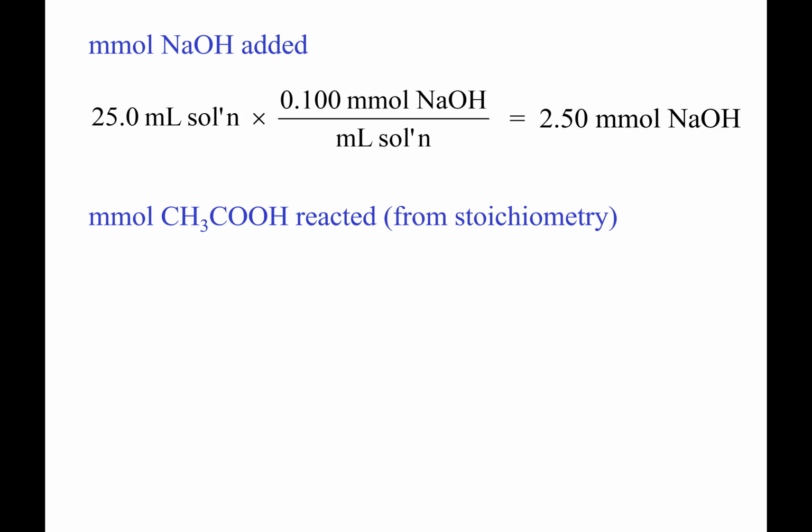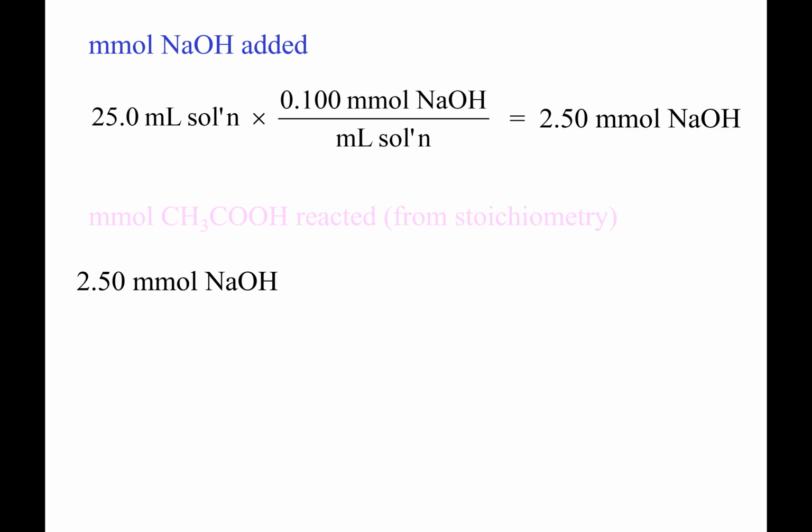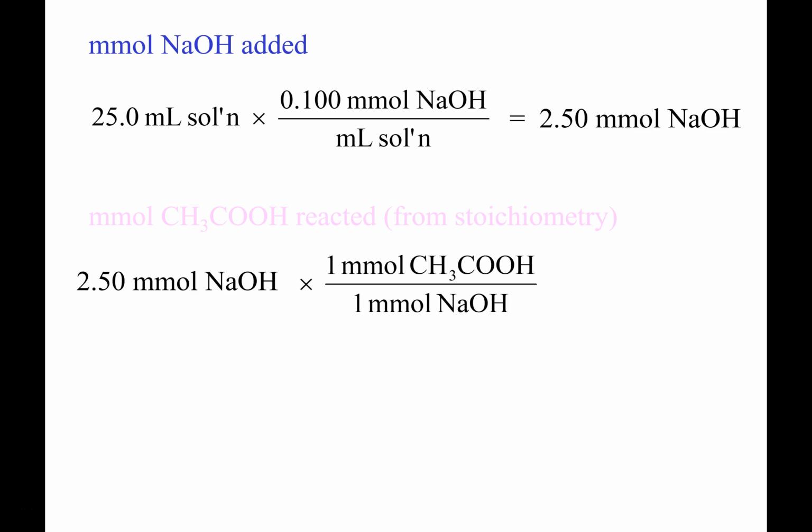We can double check that the millimoles of CH3COOH remaining, if it's at the equivalence point, should be that all of it reacted. Let's see. The 2.50 millimoles of NaOH has a stoichiometry of 1 to 1, 1 millimole of CH3COOH per 1 millimole of NaOH.